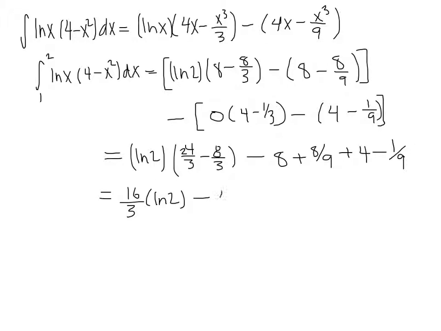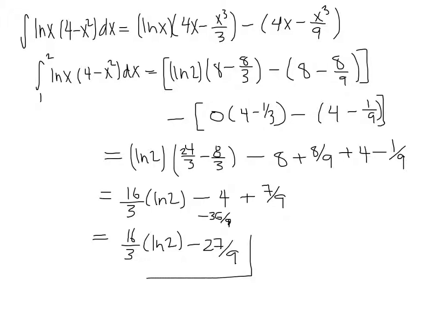So that will give us minus 4 plus 7 ninths, or 16 thirds ln of 2. Now that will be negative 36 over 9, so minus 27 ninths.